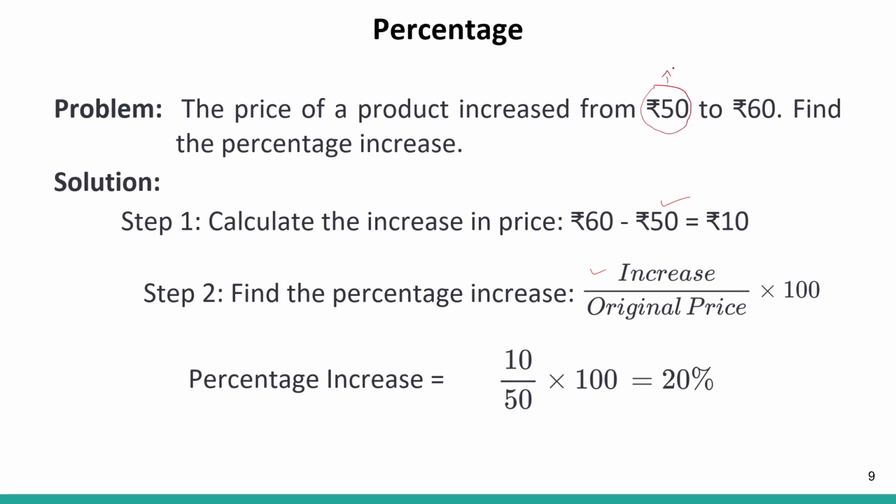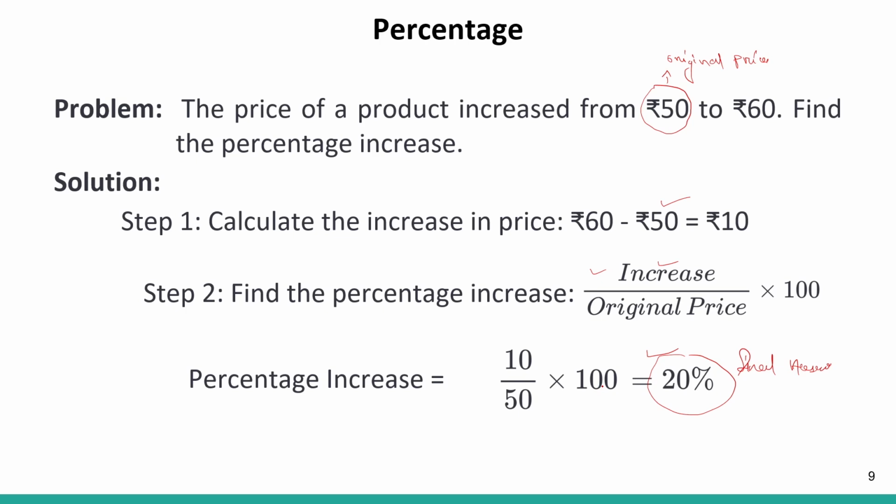So 60 minus 50 is equal to 10. So the increase is 10 by the original price, that is 50. So 10 by 50 is equal to 1 by 5 into 100, which is equal to 20%. So 20% will be the final answer.